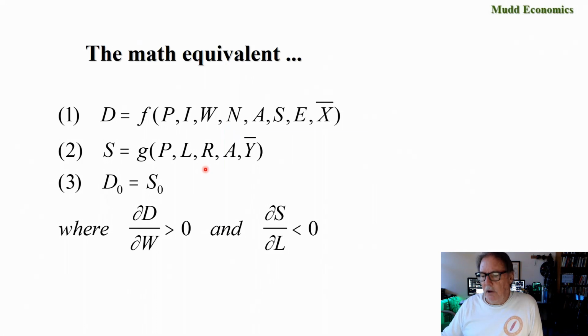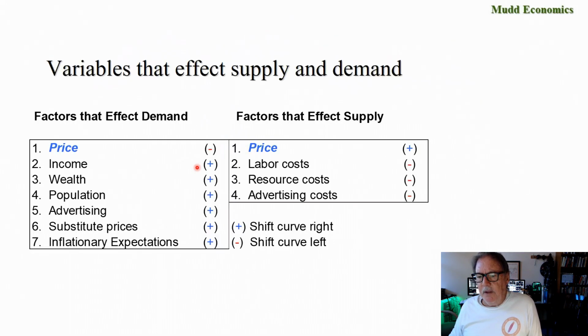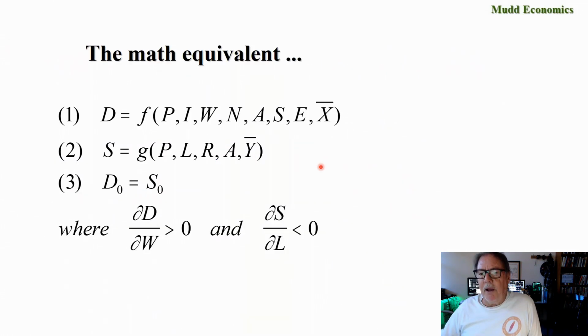The implication, though, going back to the previous slide, is that if here we're saying the sensitivity is positive or negative, but in this case, for example, positive everywhere, but on the cost side or supply side, negative everywhere, then that implies in these functional relationships, however represented, that the first partial derivative of demand with respect to its component is greater than zero if that sign is positive and less than zero if that sign is negative. And the same thing is true for supply.